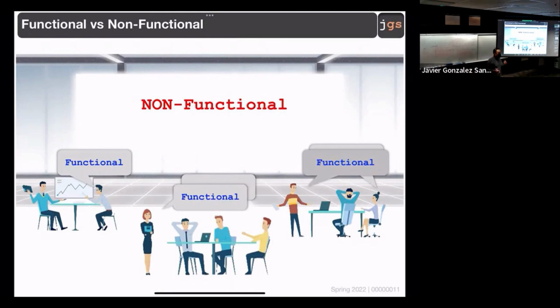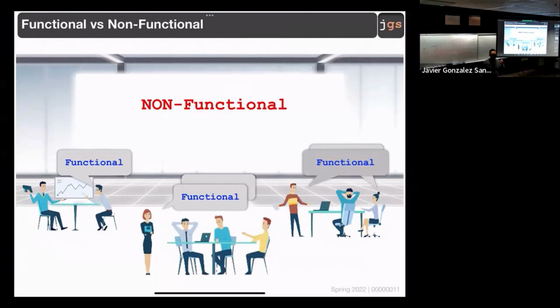The non-functional requirements. If you are my team, the functional is something that I can give to one of you or a group of you. But the non-functional is something that I am going to put here on the whiteboard. A non-functional requirement is not something for one developer or one subgroup of developers.